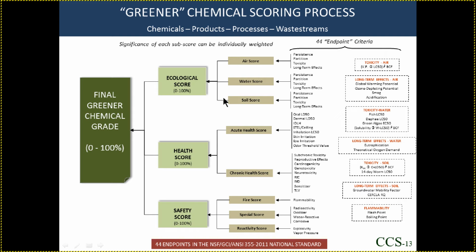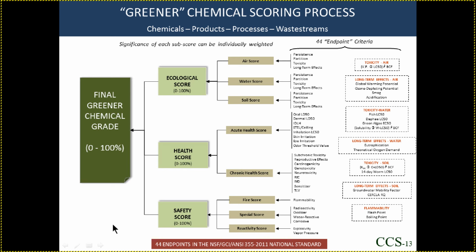Those are merged together to give us an ecological score, and that's merged with the health below it and the safety to give us an overall green evaluation score. All of these numbers in this chart will be based on a scale of 0 to 100. So the green grade over on the left, and all of the numbers on the 44 endpoints are somewhere between a score 0 and 100.